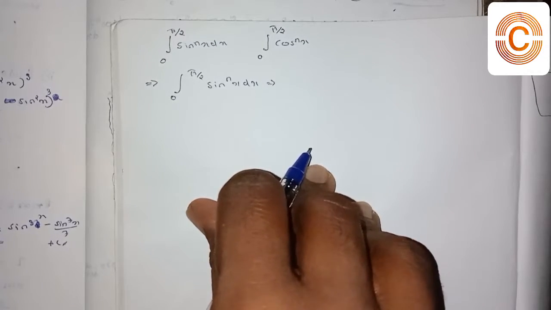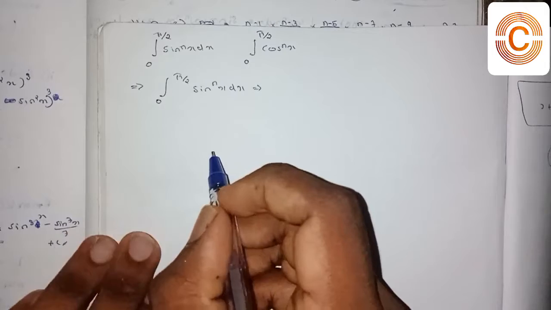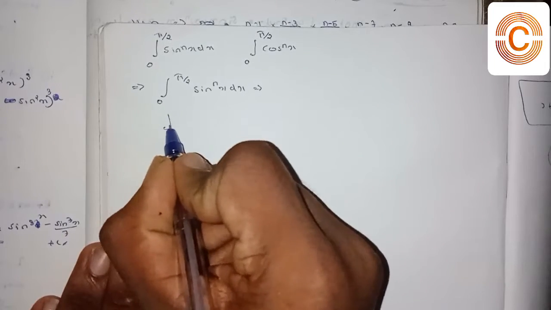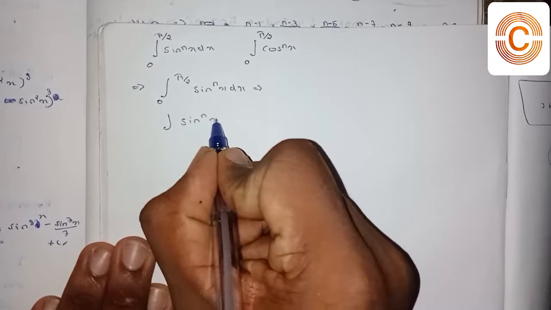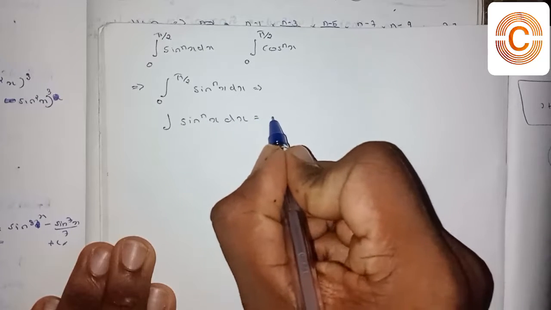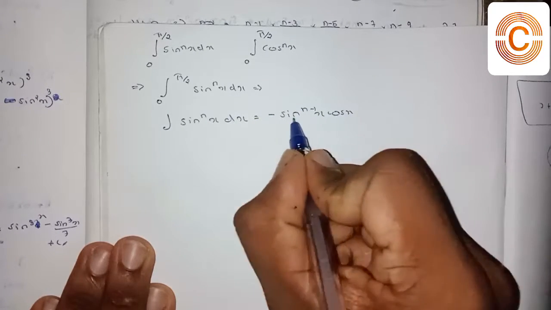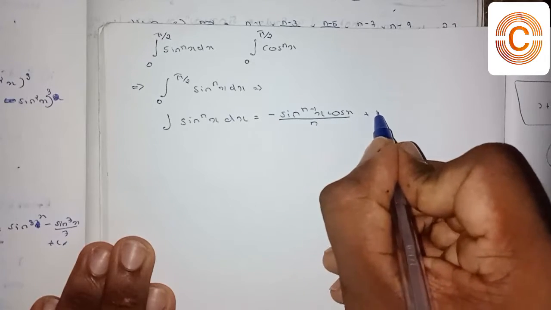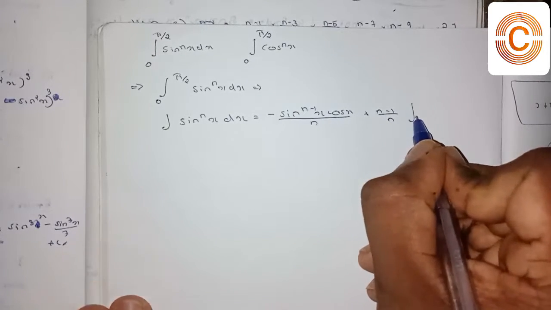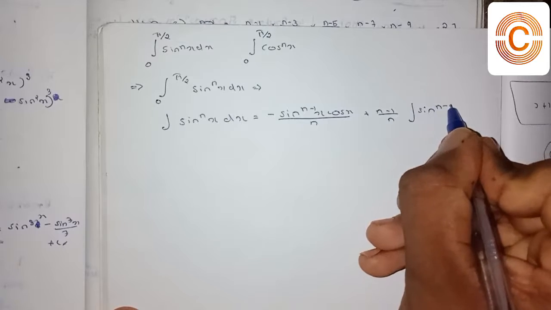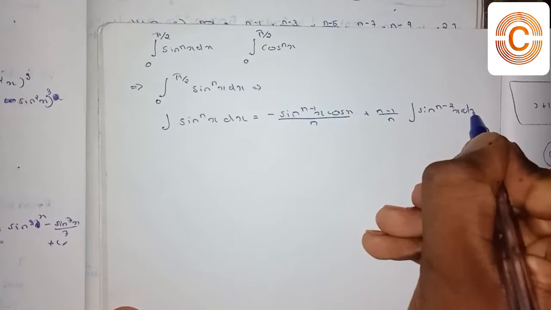So let's begin. We know the formula for the integral of sin^n x dx, which is equal to minus sin^(n-1) x cos x divided by n plus (n minus 1) divided by n into the integral of sin^(n-2) x dx.